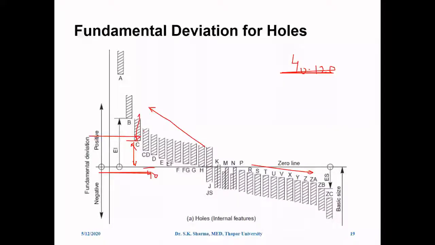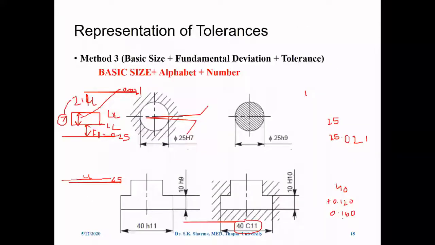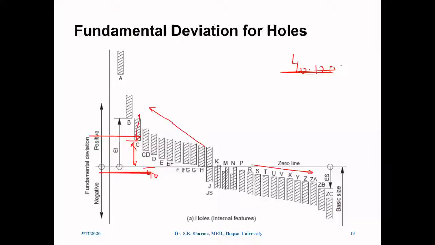Then beyond this I have to go up. This variation is my tolerance, which I have already figured out. The tolerance is 0.16. So my lower limit is 40.12, and the upper limit is this value plus 0.16, so that becomes 40.28, right?